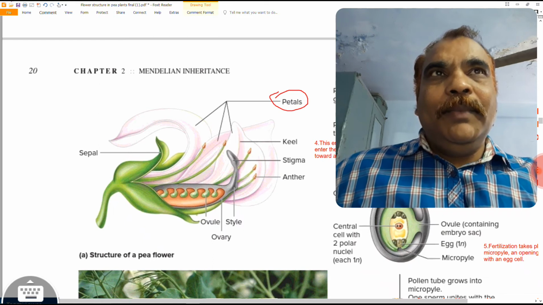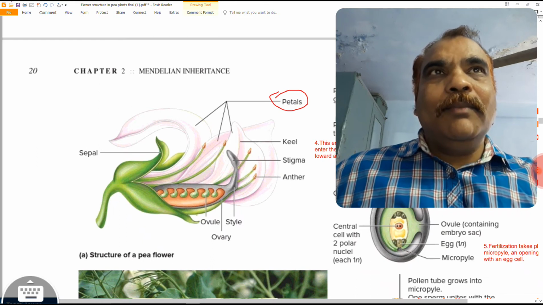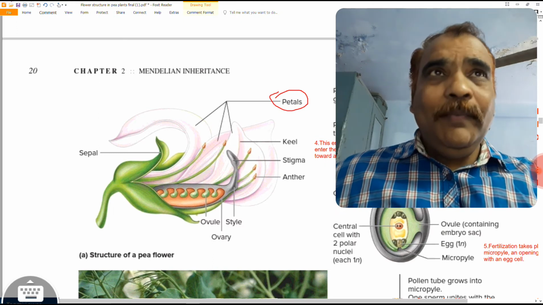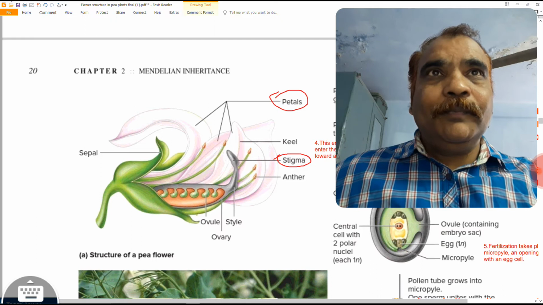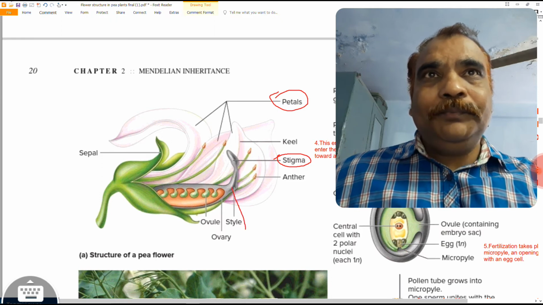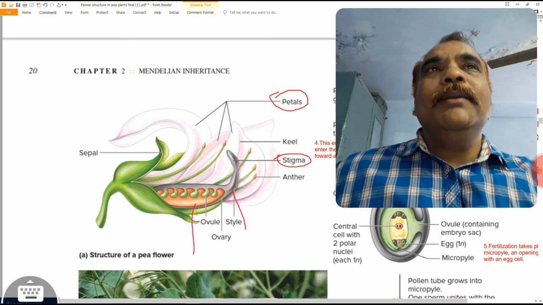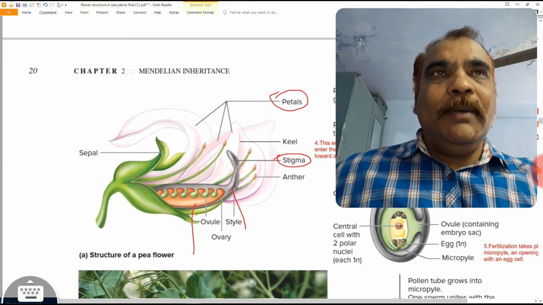Now the pistil, we know, composes the female reproductive organ. So stigma, then style, and ovary. So the pistil, the female reproductive organ, is made up of stigma, style, and ovary.